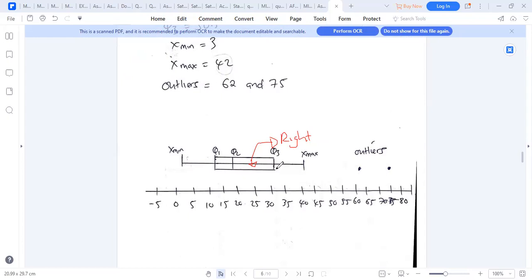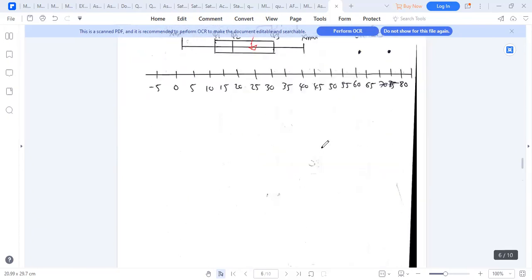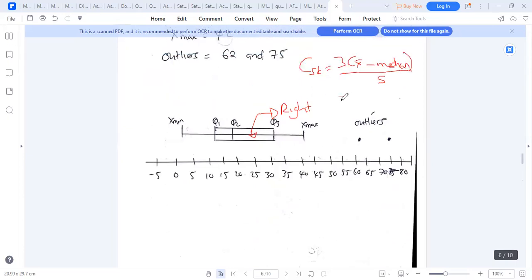Also, another clue is you can use a formula to calculate the skewness, which is given by 3 times mean minus median over standard deviation. So when you get the values, you could still tell the distribution. You get a positive 0.9, and this answer means that you are skewed to the right since it's positive.